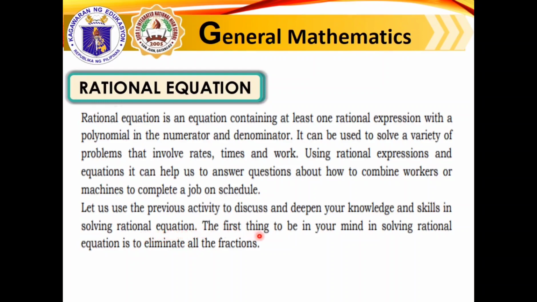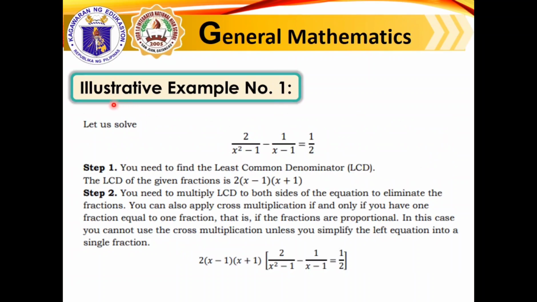The first thing to keep in mind in solving a rational equation is to eliminate all the fractions. Illustrative example number 1. Let us solve 2 over x squared minus 1 minus 1 over x minus 1 equals 1/2. The first step we are going to do is to find the least common denominator.